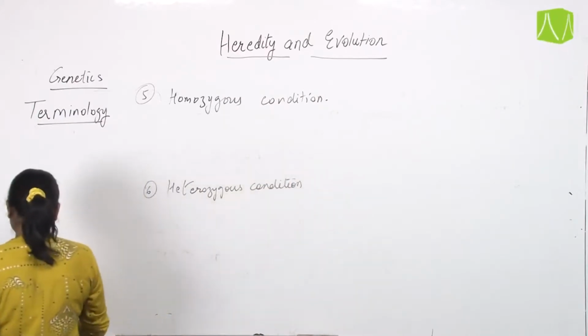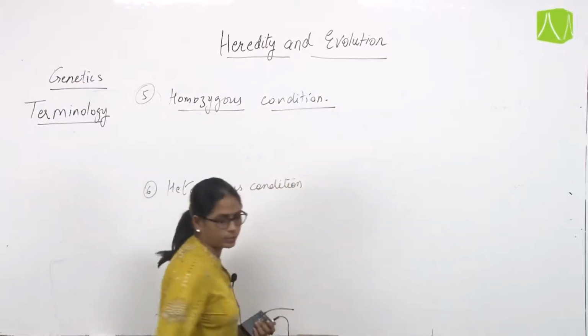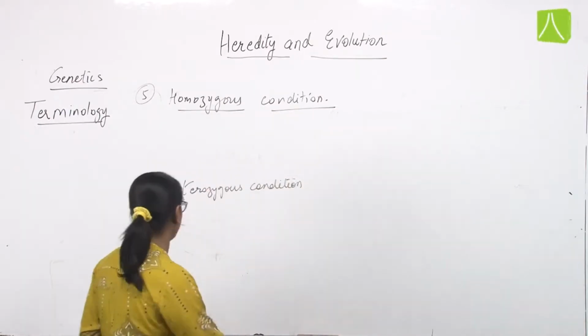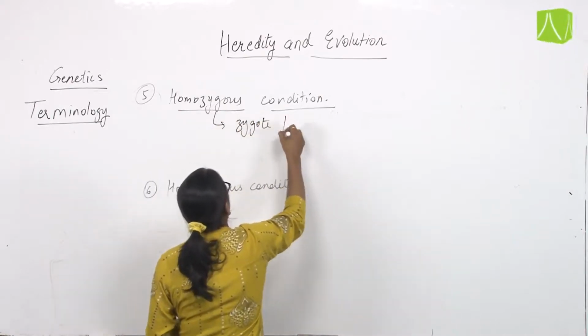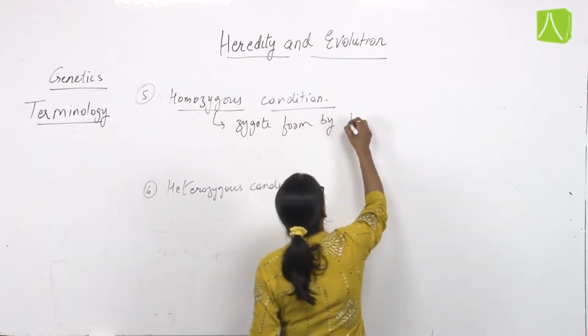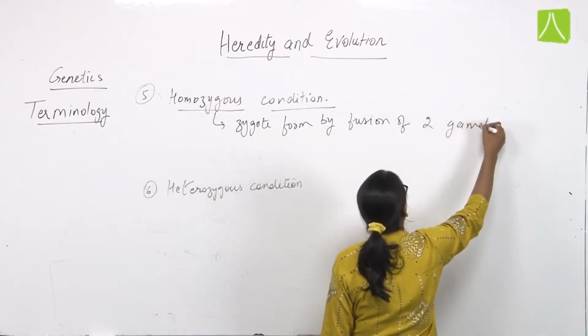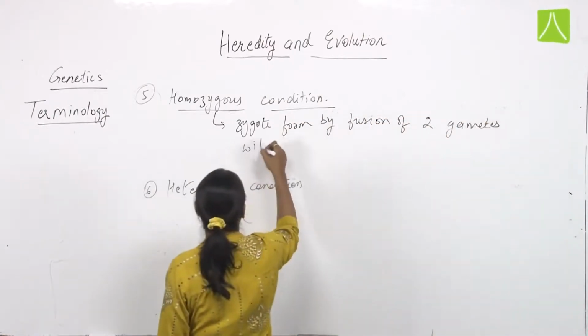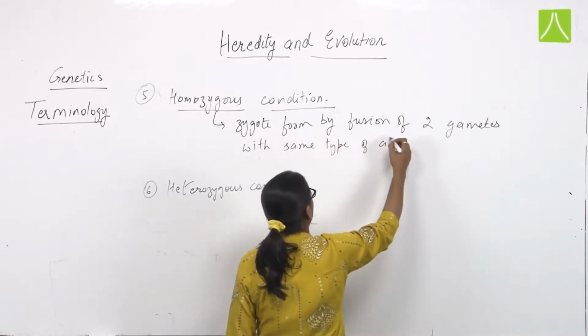Fine. What is this homozygous and heterozygous again? Homozygous means the zygote formed by fusion of two gametes with the same type of allele.